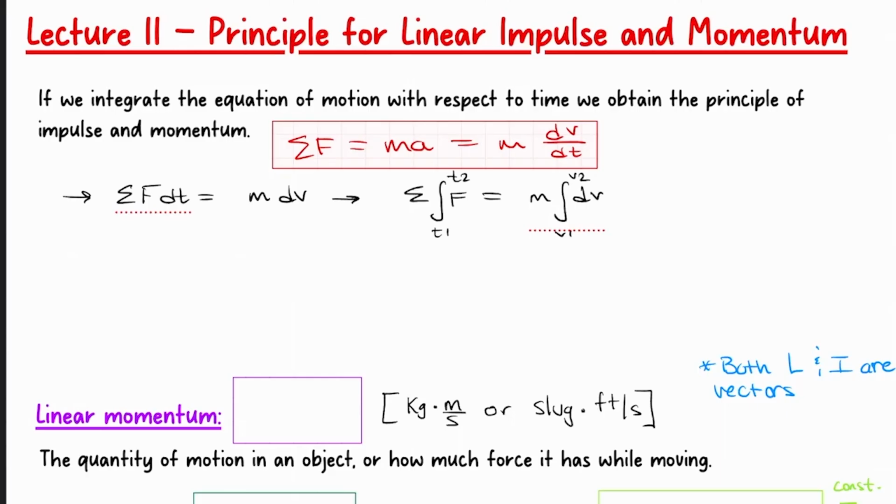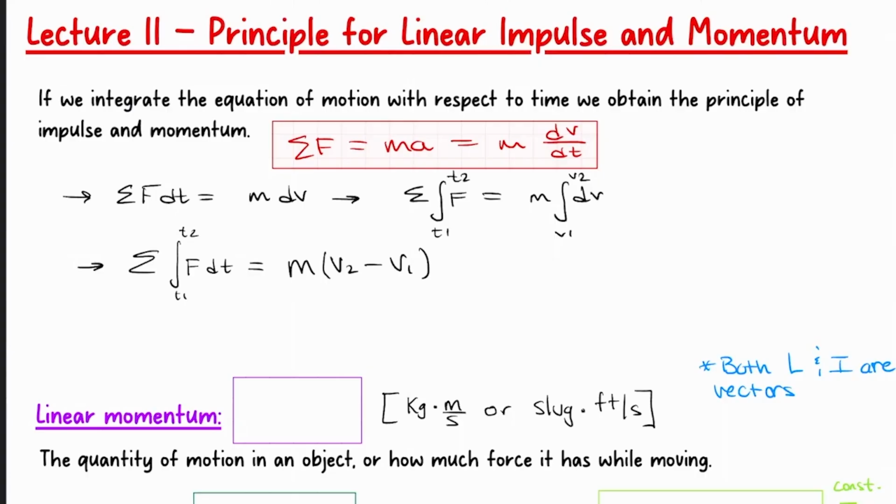This will result in the following equation, where the summation of forces integrated from time 1 to time 2 with respect to time equals, once again considering mass constant, mass times v2 minus v1. And this will be basically the equation that deals with linear momentum.